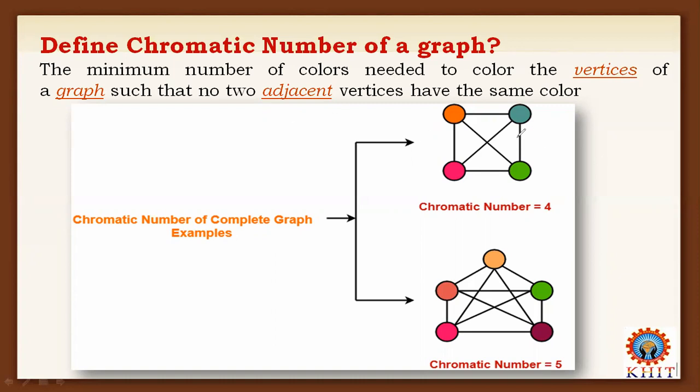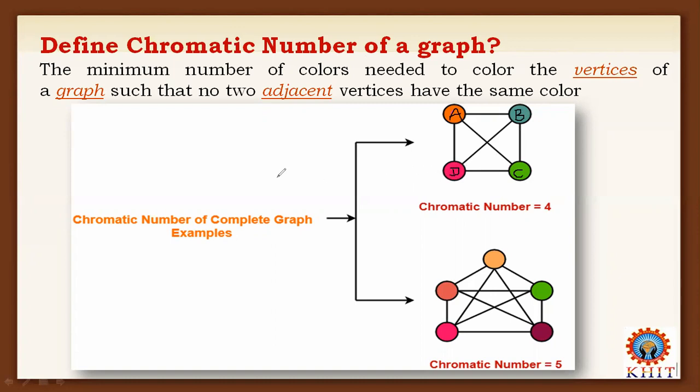Now consider this is the graph. The graph contains four vertices, namely vertex A, vertex B, vertex C, and vertex D. Assume that this is the given graph.